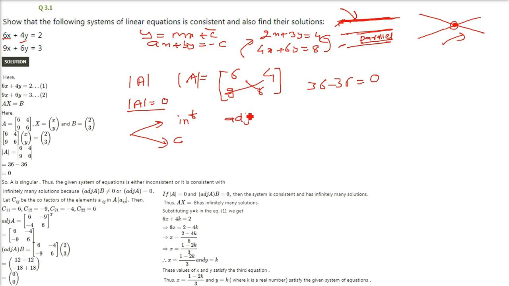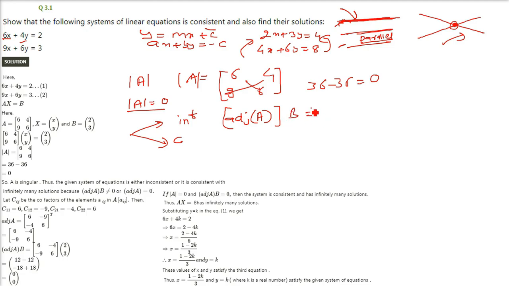So what we'll do here is, for the second case, find adjoint A into B. We'll find the adjoint of the matrix, then multiply it with the B matrix, and see whether it comes to 0 or not.